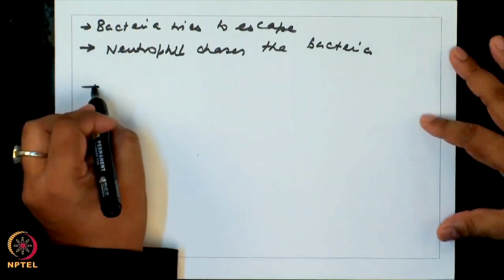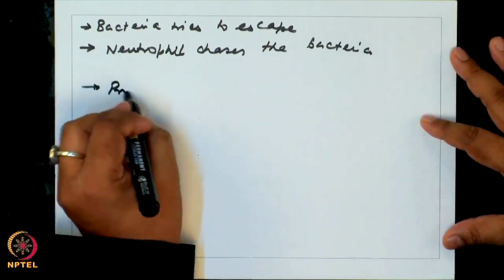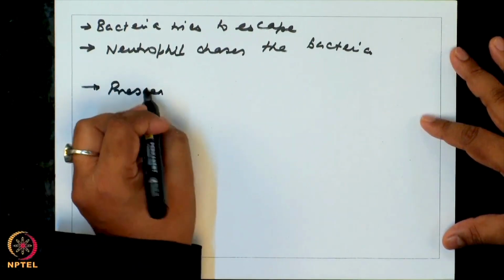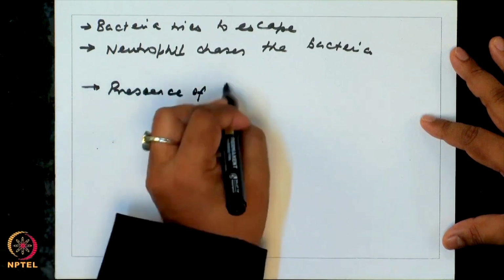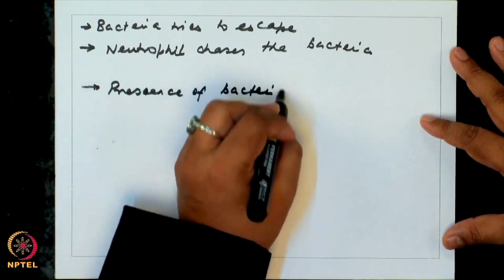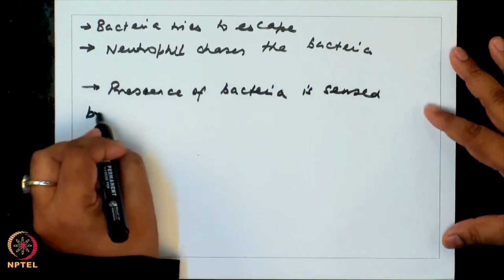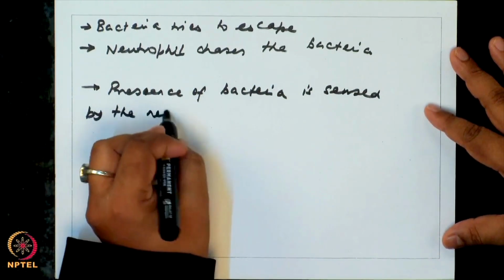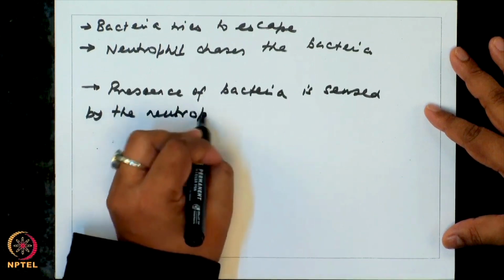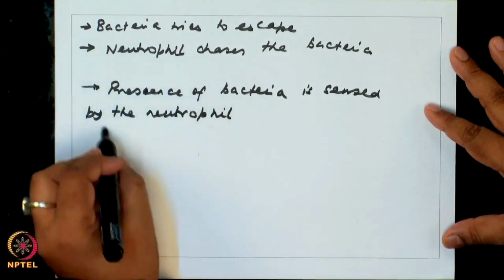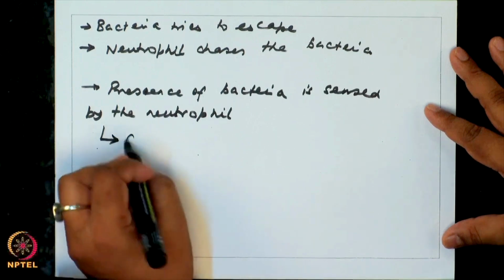It turns out that the presence of bacteria is sensed by the neutrophil, and this induces chemotaxis.